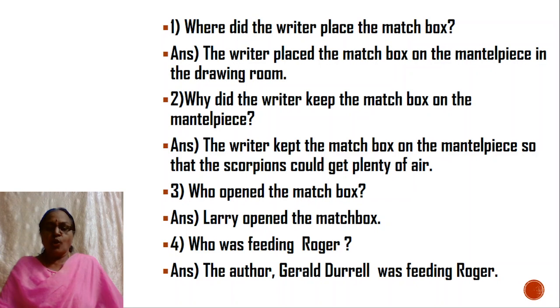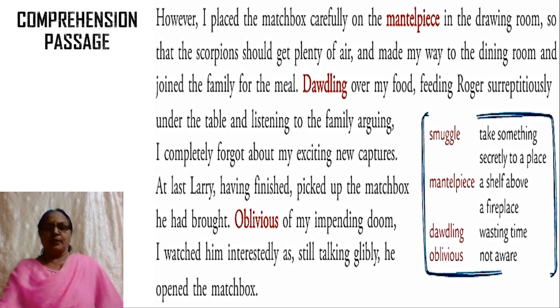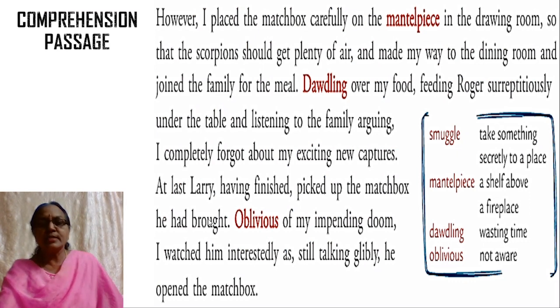Fourth one. Who was feeding Roger? Now, come to the passage here. Look at this. Dawdling over my food, feeding Roger surreptitiously under the table. So, who was that? And listening to the family arguing, I completely forgot about my exciting new captures.